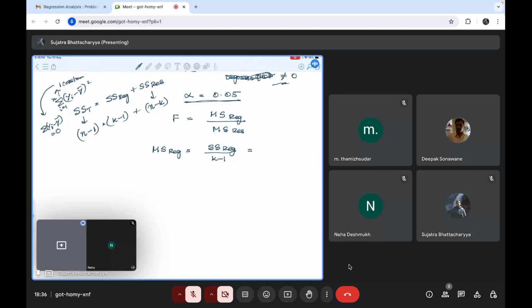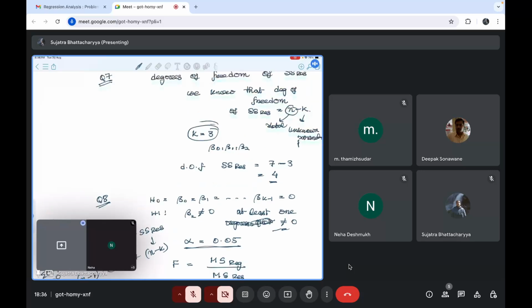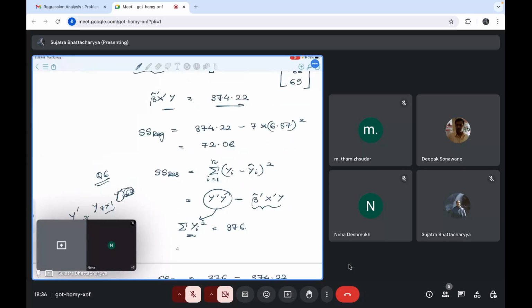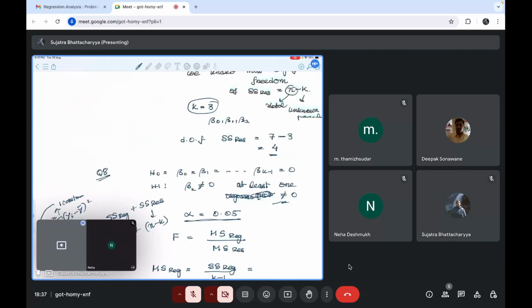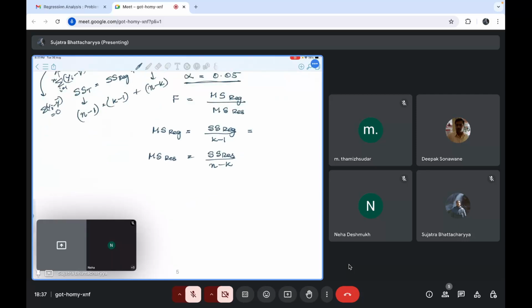Therefore, for regression, MS regression is SS regression divided by k minus 1. And what about MS residual? It is SS residual divided by n minus k. So we have calculated SS regression, about 72.06. Let us write 72.06 divided by k minus 1, which is 3 minus 1, which is 2.